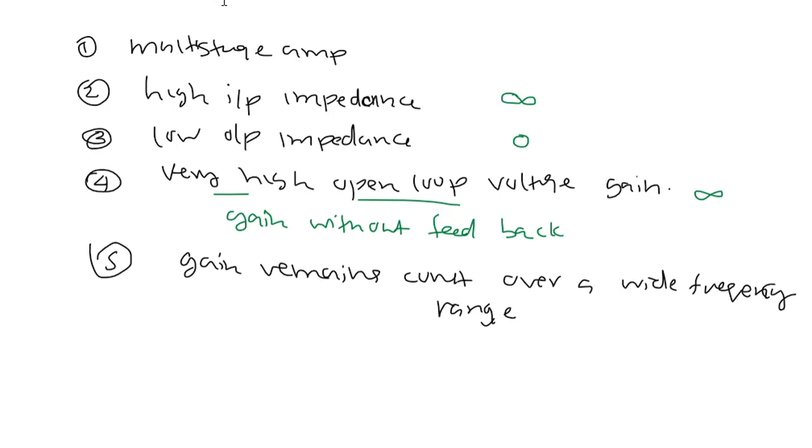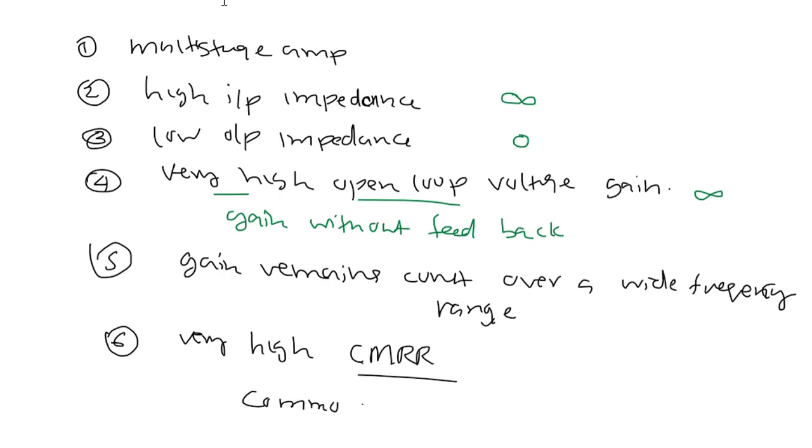Another characteristic is that an operational amplifier has very high CMRR. So this is a new term. This term represents common mode rejection ratio.